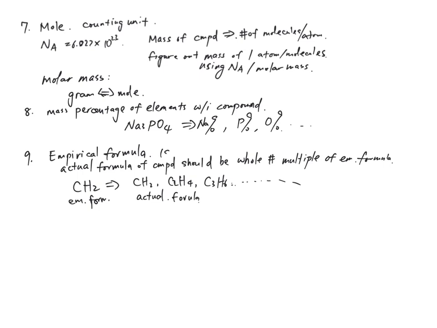Empirical formula is the smallest whole number ratio of elements in a compound. All right, so how do we get empirical formula? We have a few different ways of doing it, okay? So a typical way to do it is from percentage of elements, okay?